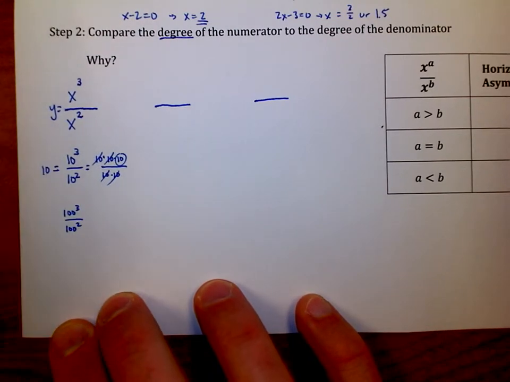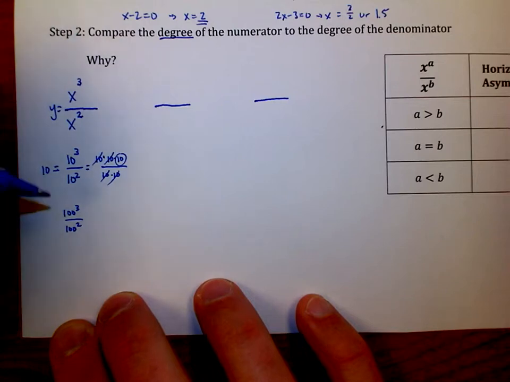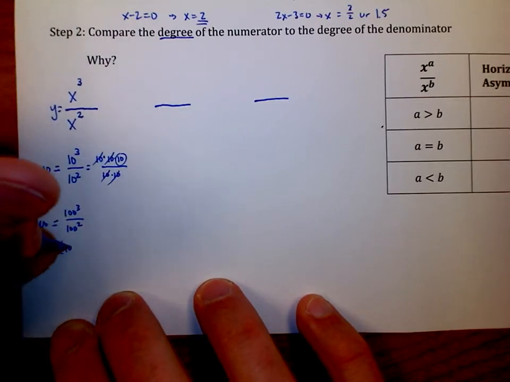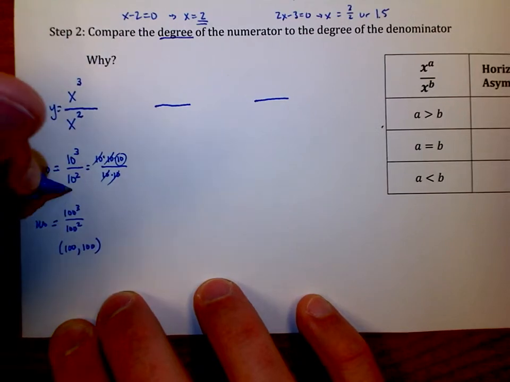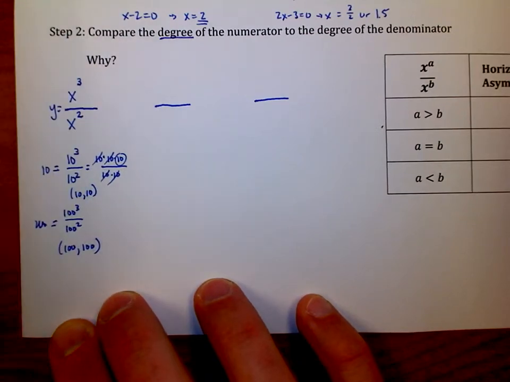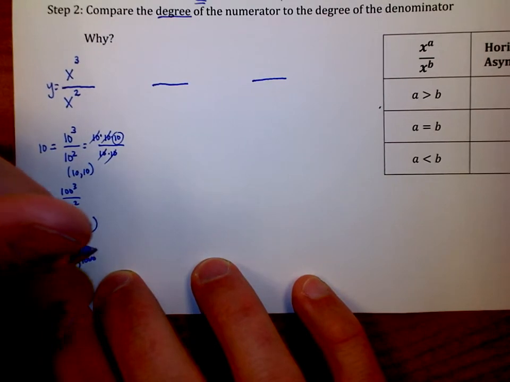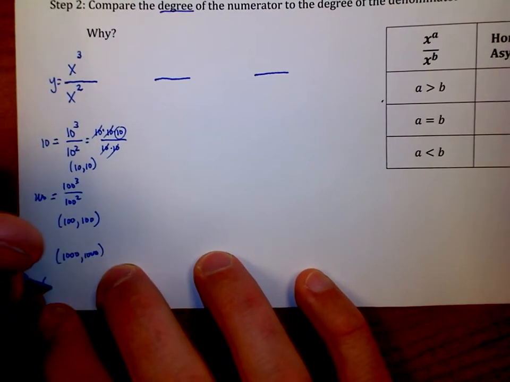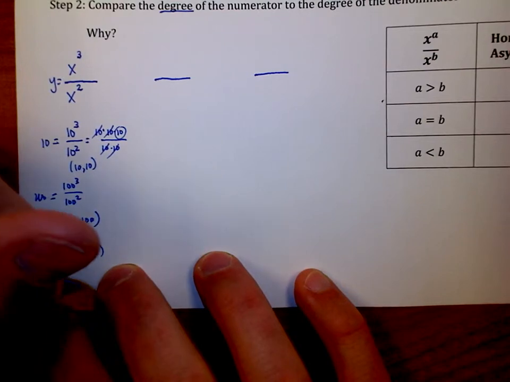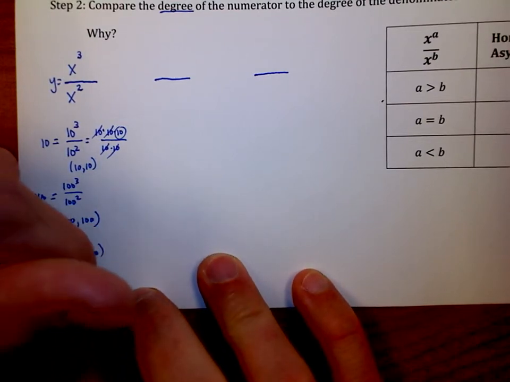What do you think 100 cubed over 100 squared is? Well, it turns out that that ends up being 100. So if I put 100 in for x, then I get 100 for y, just like if I put 10 in for x, I got 10 for y. And guess what happens if I get 1,000? I'm going to get 1,000 out. And if I put 1 million in, I'm going to get 1 million out.